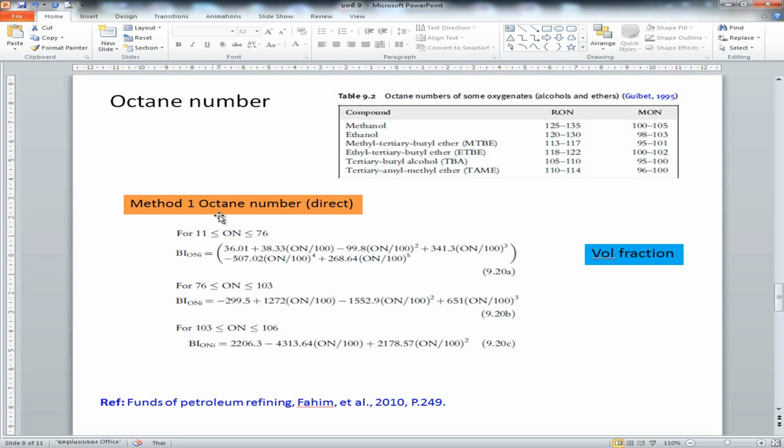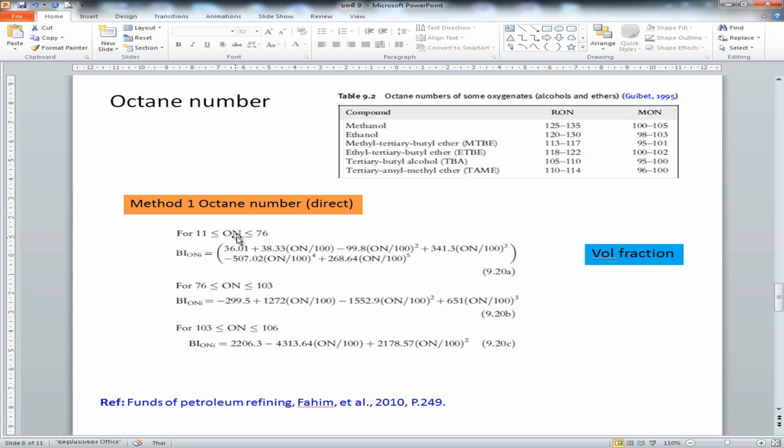Now let's say there are two types of methods to convert the octane number to the blending index octane number. In this method, it's quite direct to use. It depends on what kind of octane number of the product you would like to use.